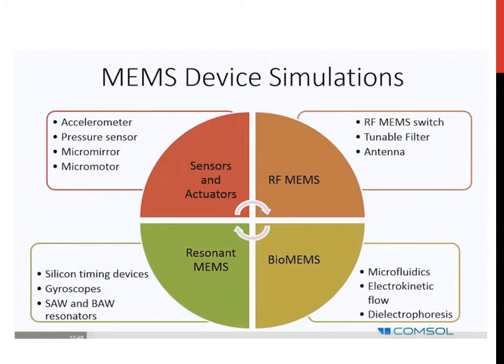And then the third one is the resonant MEMS, such as gyroscope, surface acoustic wave resonator, or bulk acoustic wave resonator. This basically can be done using piezoelectric devices, and the difficulty of this type of MEMS, resonant MEMS, is when we need to consider the damping or the losses.